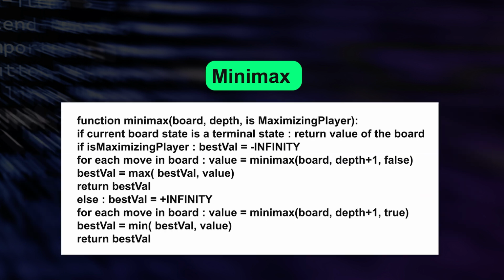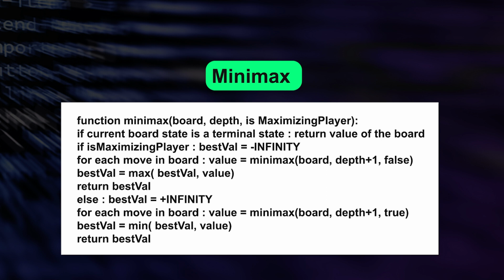Function min-max, board, depth, is min-max player. If current board state is the terminal state, return value of the board. If is maximizer player, best value is equal to minus infinity. For each move in board, value is equal to min-max board, depth plus 1, false.